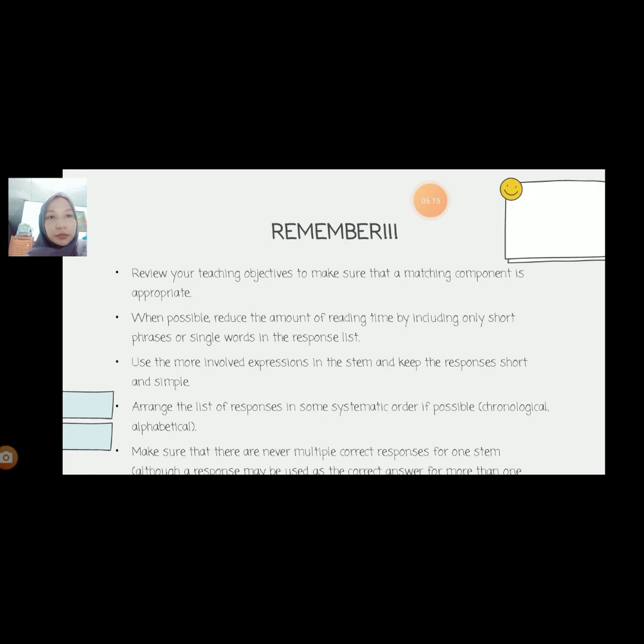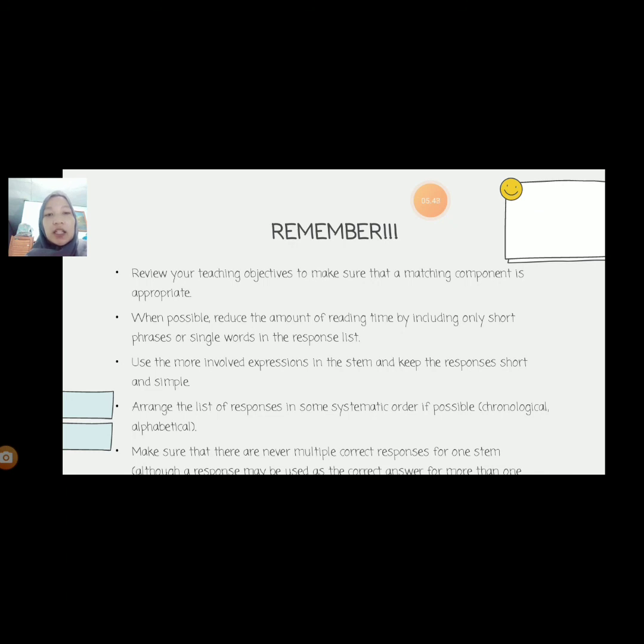Remember, one: review your teaching objective to make sure that a matching component is appropriate. When possible, reduce the amount of reading time by including only short phrases or single words in the response list, and use the more involved expression in the stem. Keep the responses short and simple.